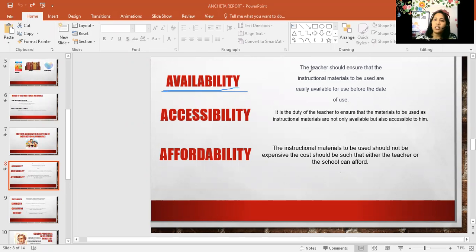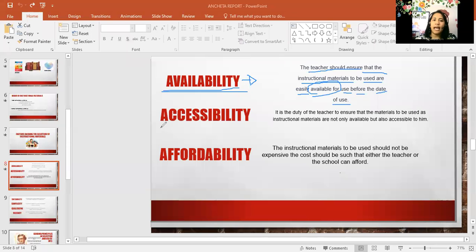Teachers should ensure that the instructional materials to be used are easily available before the date of use. So we need to consider the availability of the material being used.